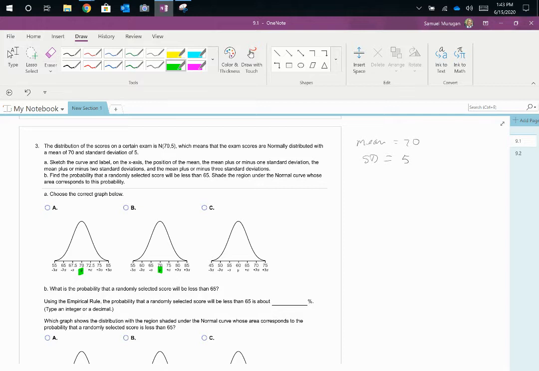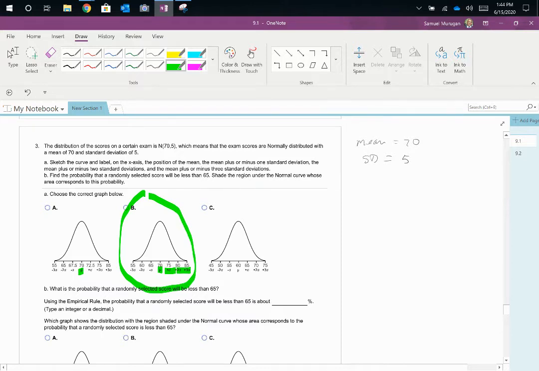We can see right here that this is our graph. 70 plus 5 is 75 for 1 standard deviation, 75 plus 5 is 80 for 2 standard deviations, and 85 for 3 standard deviations. Same backwards: 70 minus 5 is 65, then 60, then 55, which is 3 standard deviations.